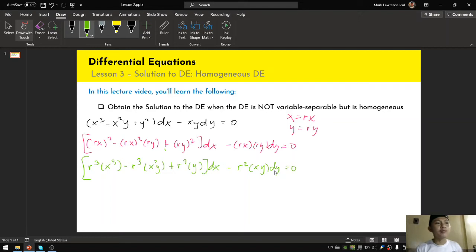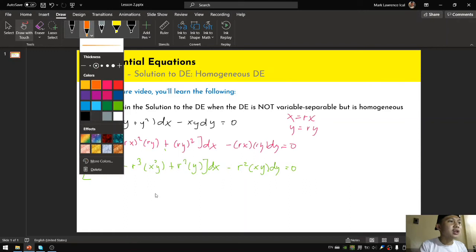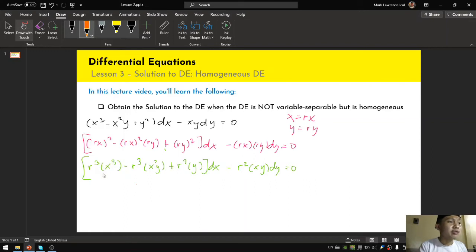So if you can notice, okay, we see the same original function on both left and right. So we see x cubed here, we see x squared y here, we have y squared here, and we see xy here. It's just basically the same. So this is homogeneous. Okay, so how to solve this, Sir Ikal?